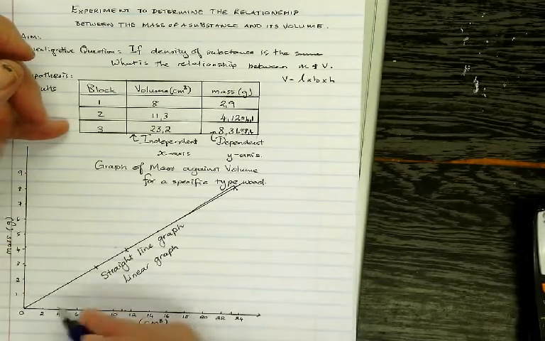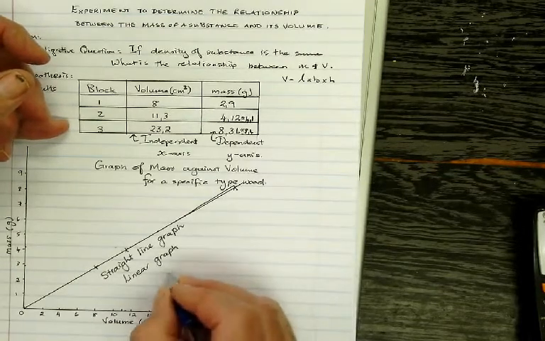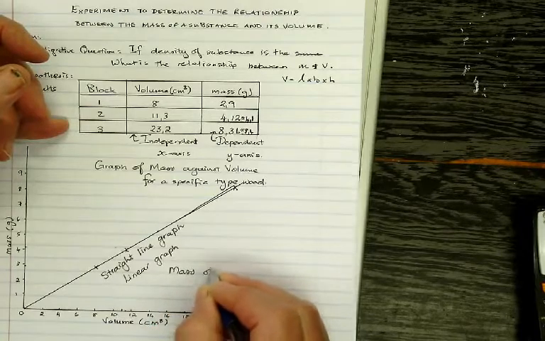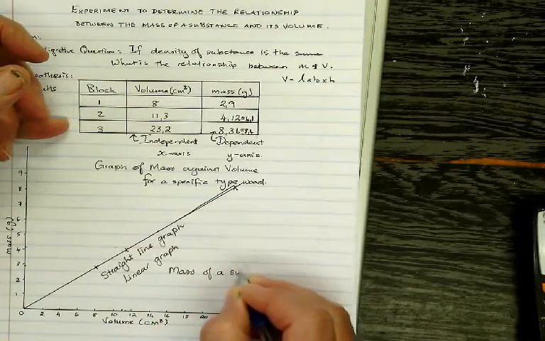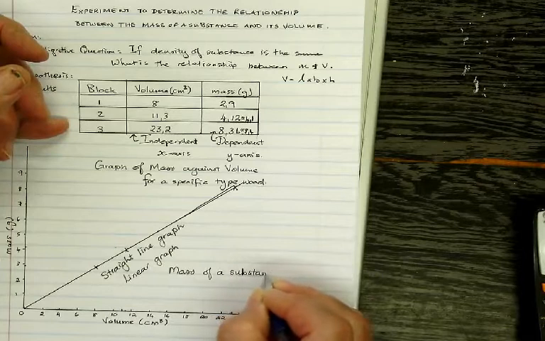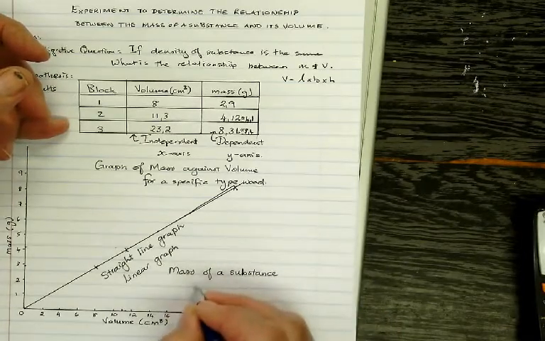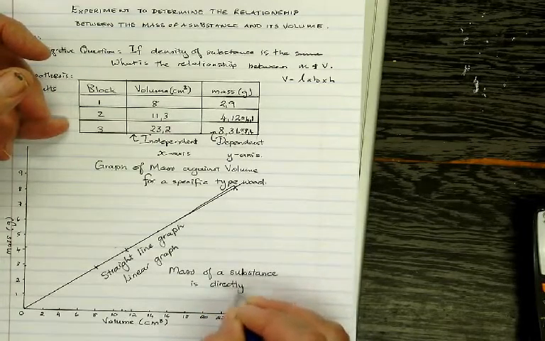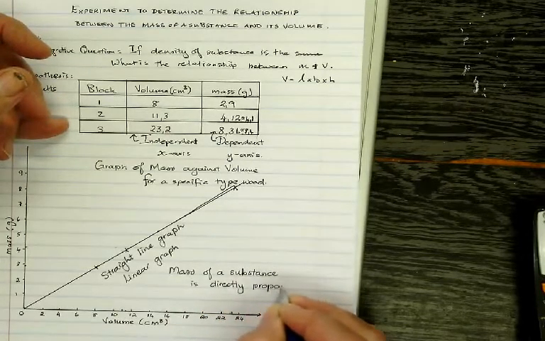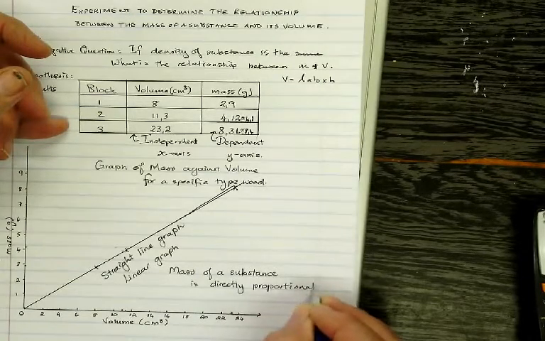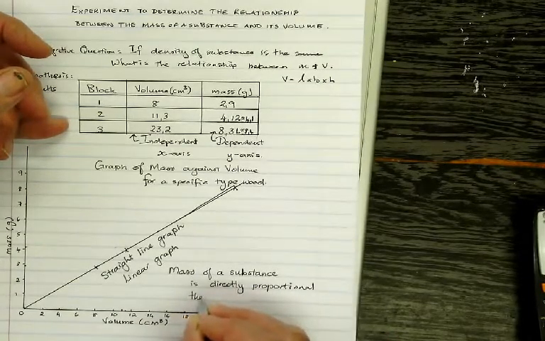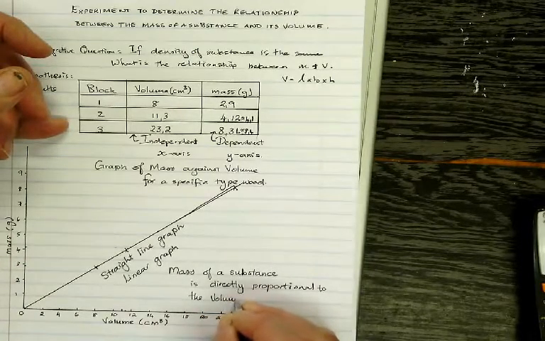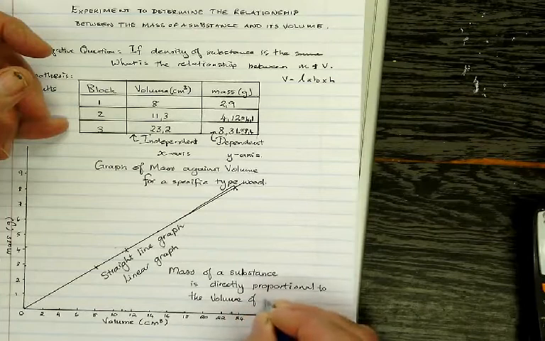So we can say that the mass of a substance like the wood is directly proportional to the volume of the object or substance.